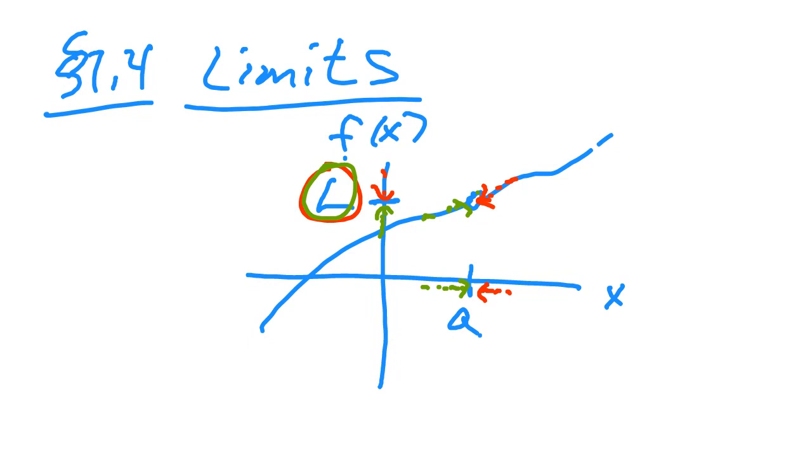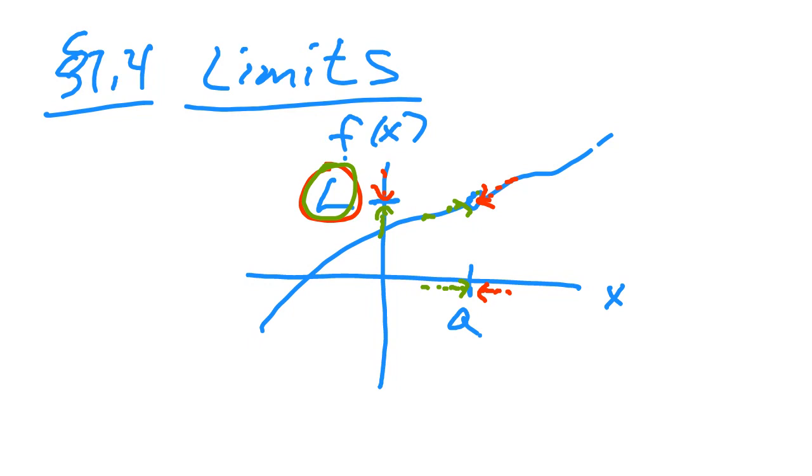So as x approaches a from the right and from the left, my height approaches a height of L from both sides. So we're going to say the limit as x approaches a from both sides exists and equals a height of L.